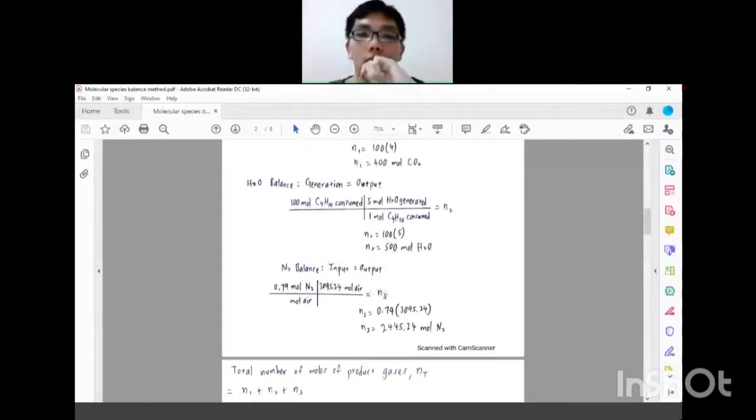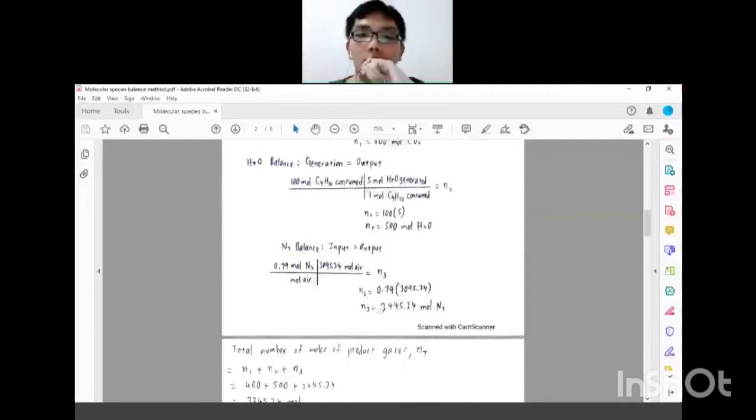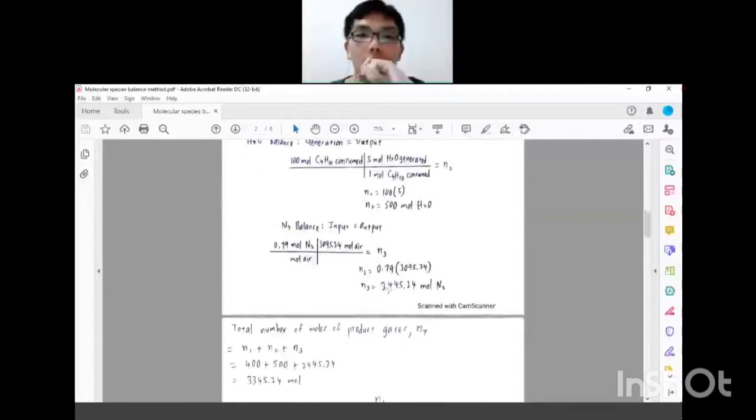The value of n3 can be found by multiplying the number of moles of nitrogen in 1 mole of air by 3095.24 moles of air, which is equal to n3. So n3 equals 2445.24 moles of nitrogen.